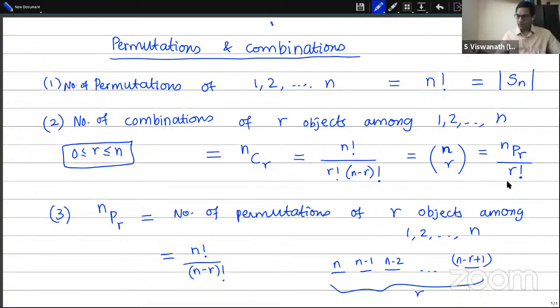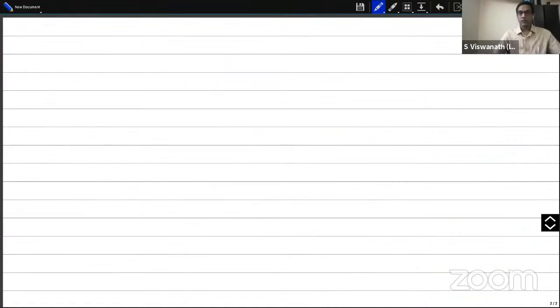Now, here's an interesting corollary of this fact. Observe that nCr, or n choose R, can also be rewritten as nPr divided by R factorial. So let me write it in that way.